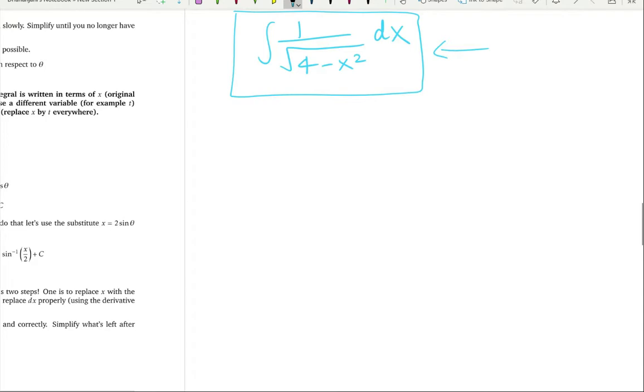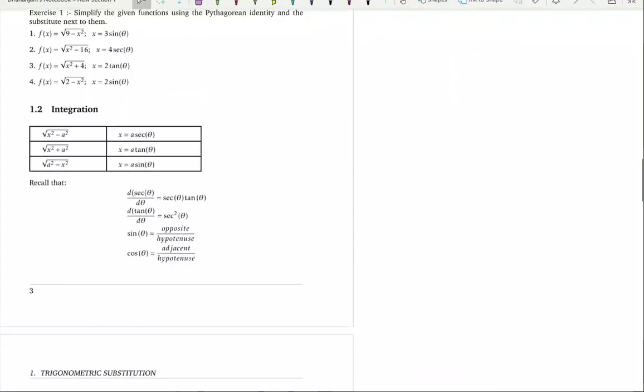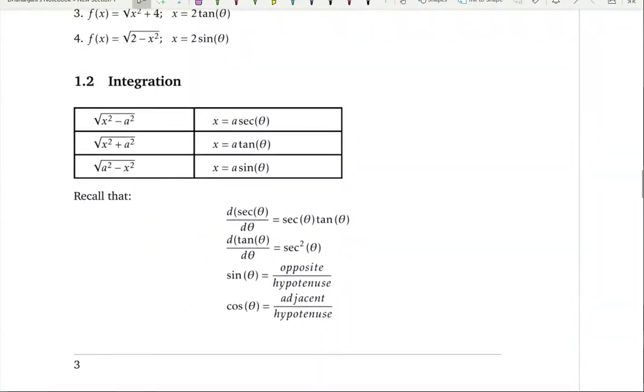So you look at the square root type and you go back to that table and decide the appropriate substitution. Now if you look at the square root part, it looks like this third type, right? Your a squared is 4 and you have subtraction and you have x squared here, so it has something to do with sine. So that is what you need to first identify.